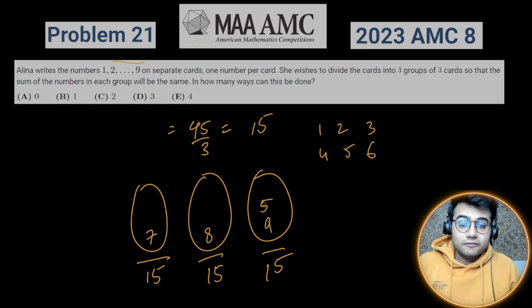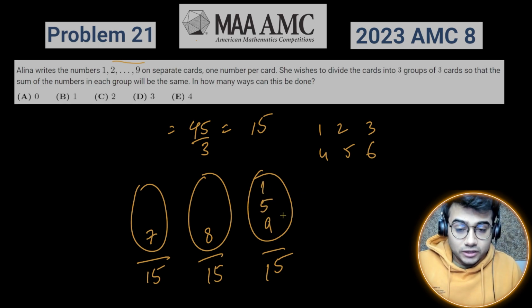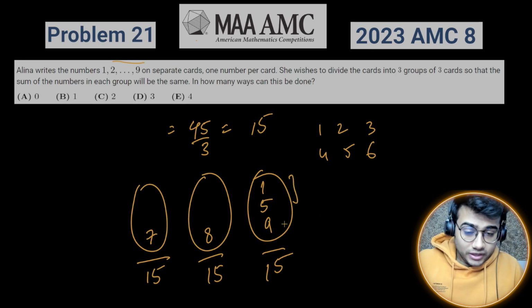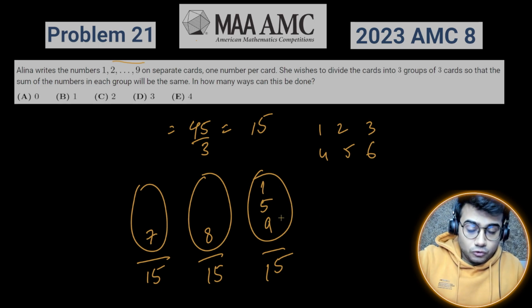So 9 and 5 is 14. So yeah, that's one possibility, that we can have 1 and 5 here with 9. Okay. Can we have anything else? Well, these two have to add up to 6. So 5 and 1, and the other possibility would be 4 and 2. Those are the only 2 possibilities we can have with 9, because we can't really make 6 any other way. So we will consider them separately.